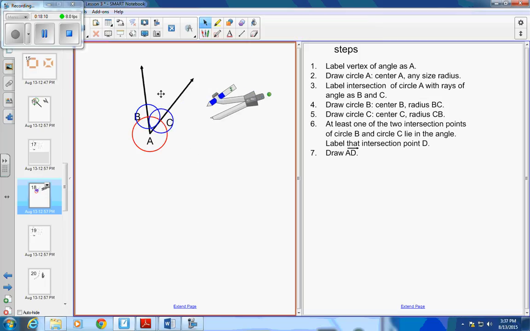Label the intersection that's on the interior, D. And then draw the ray from A through D.